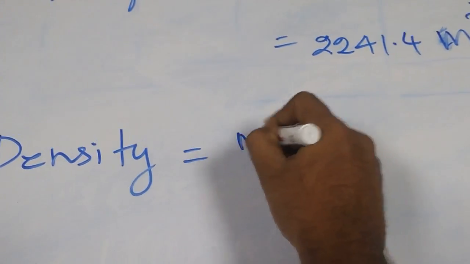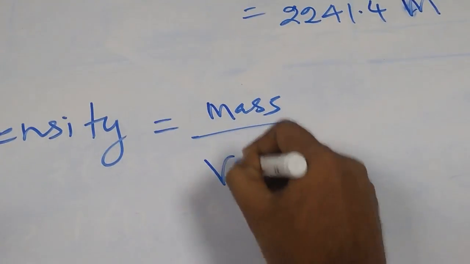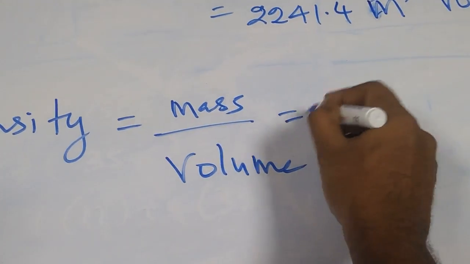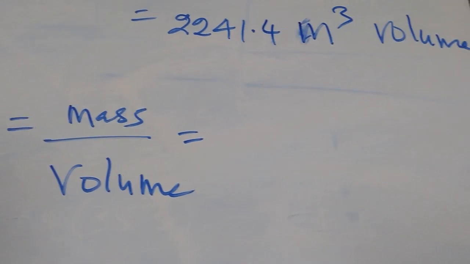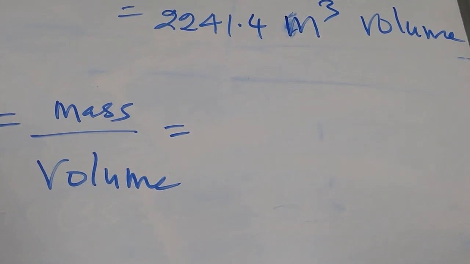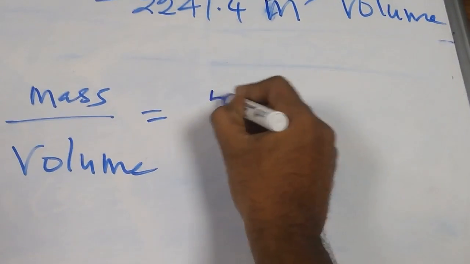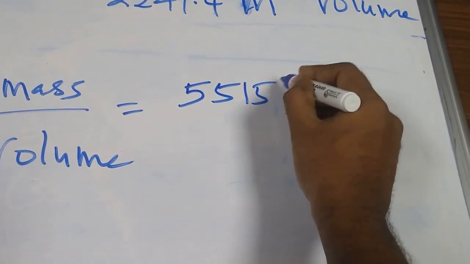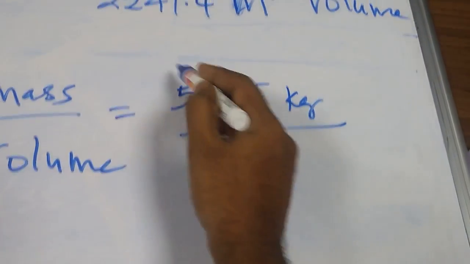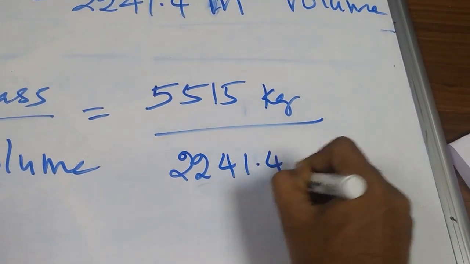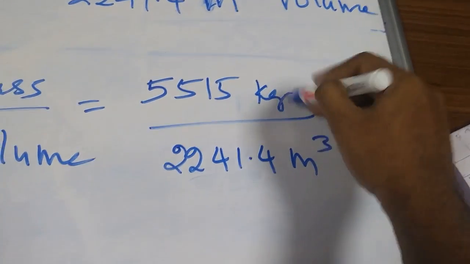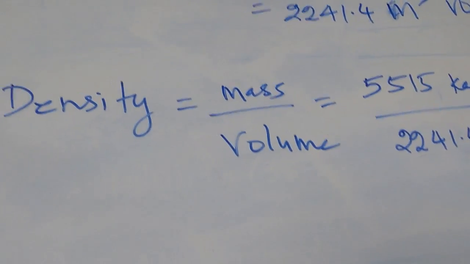Density is equal to mass by volume. What is the mass corresponding to 100 kg moles? We have 5515 kg. Volume is 2241.4 meter cube. So we get density in kg per meter cube.